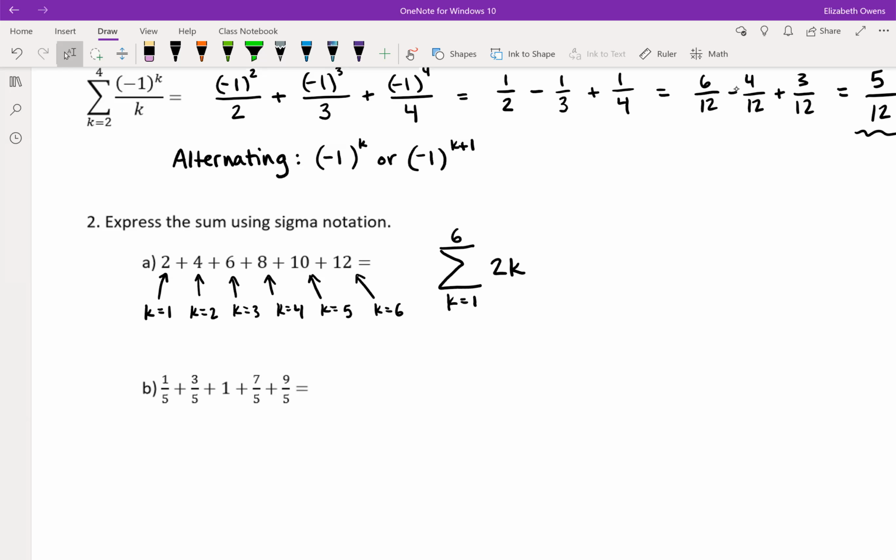Any preference? Looks like no preference so far. Oh, 1/5. While that's not a bad idea, the index k does actually need to be an integer, a whole number. So we can't start with 1/5, even though that might be nice.